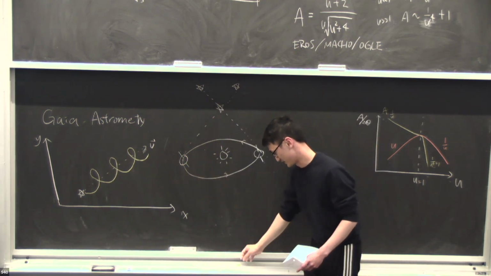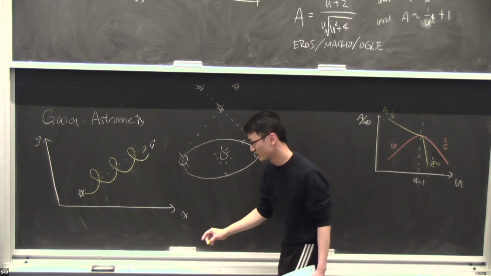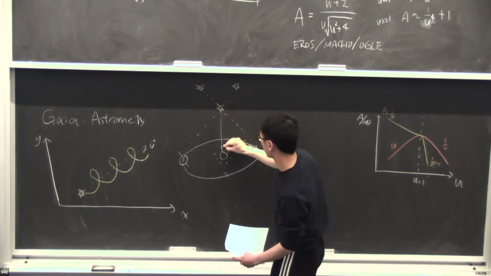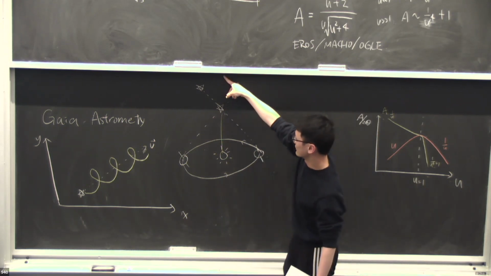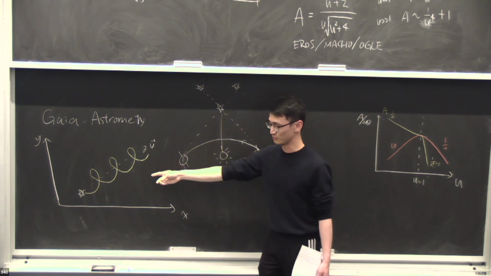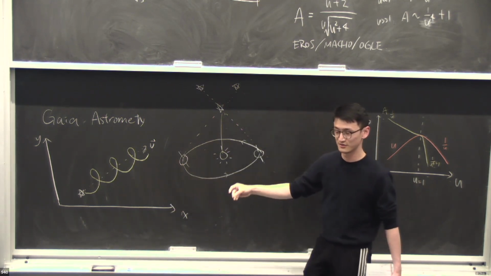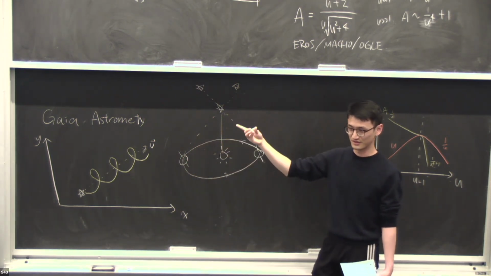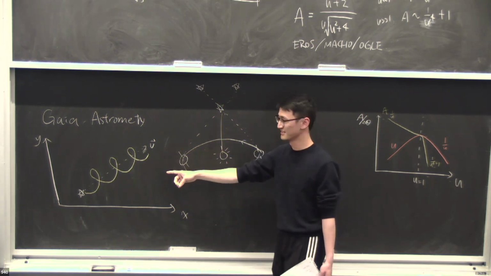Gaia was the mission built to measure this, and it basically tells you the distance to the star. A star that's further away has a smaller separation, so by measuring this you can directly measure the distance to the star. That is how the distance ladder works, so measuring Hubble depends on actually measuring this.